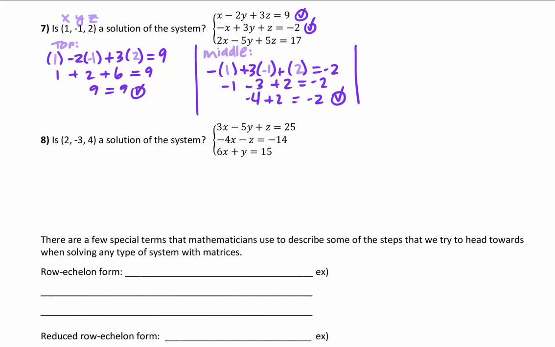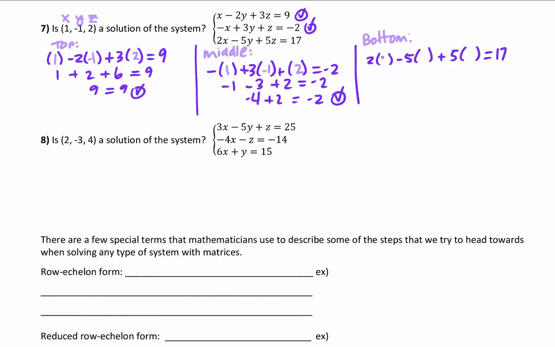But we can't get too hasty. We have to try the last one, and so this will be the bottom equation. If it fails here, it is not a solution. So we have 2 times x minus 5 times y plus 5 times z, and that equals 17.